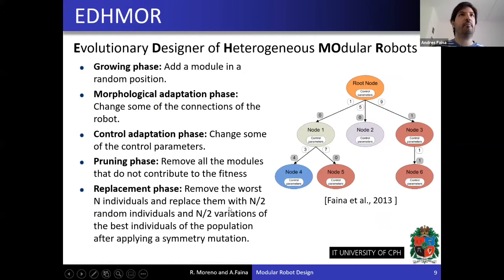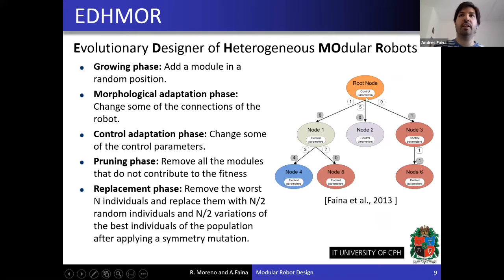And then we are also using an ad hoc evolutionary algorithm, which is called EDHMoR, Evolutionary Designer of Heterogeneous Modular Robots, which is based on a direct encoding, where we have a tree representation of the morphology, where each node represents a module, and each module has its control parameters.